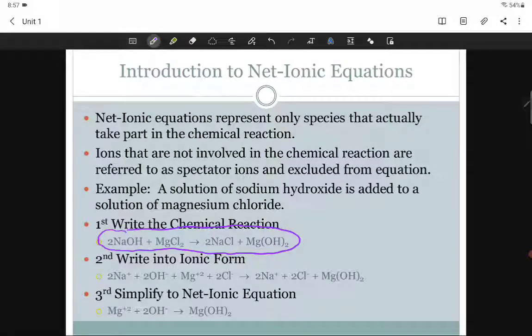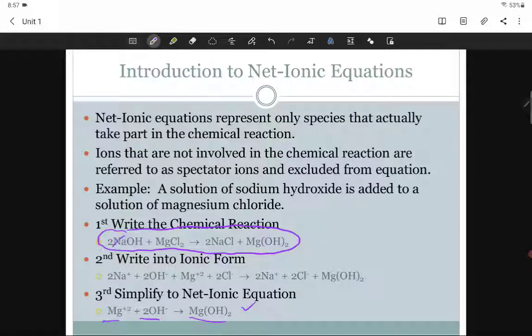But very quickly, we're going to just start writing beginning and finishing with just the simplified Net-Ionic equation. These are the only items in the chemical reaction that actually react. Everything else is along for the ride. They're called spectator ions, and they're not involved in the chemical reaction.